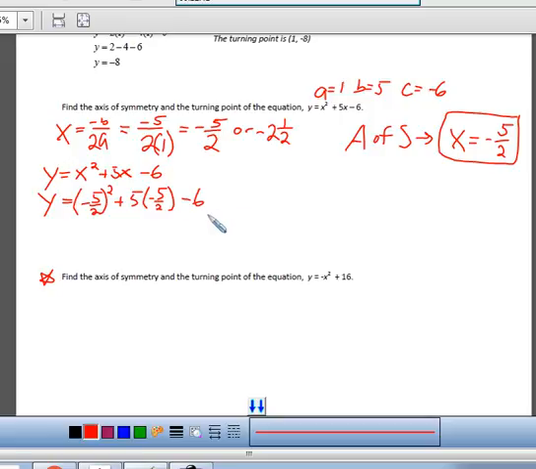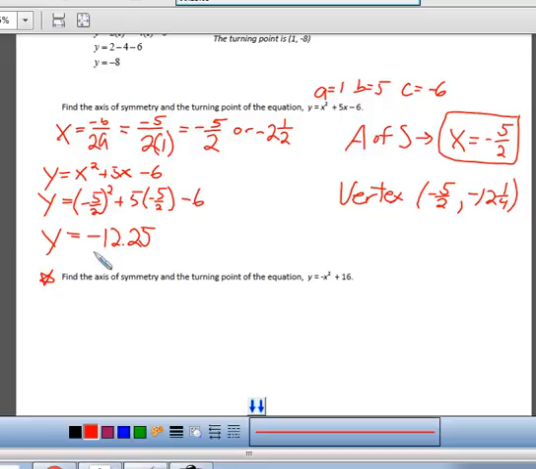Alright, when you substitute all that in and figure it out, you get y equals negative 12.25 or negative 12 and 1/4. So, our vertex is the point negative 5 over 2 or negative 2.5, and negative 12 and 1/4.